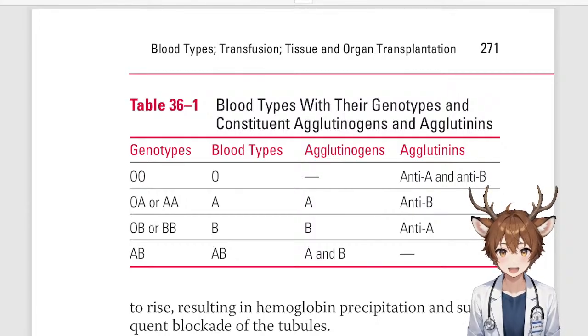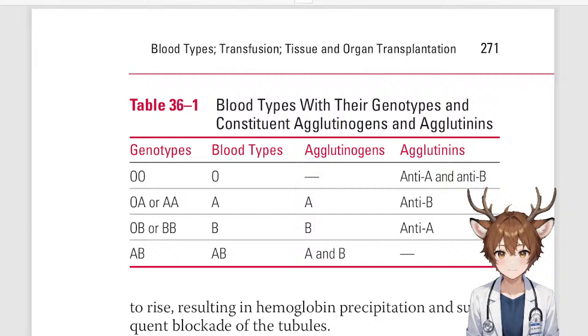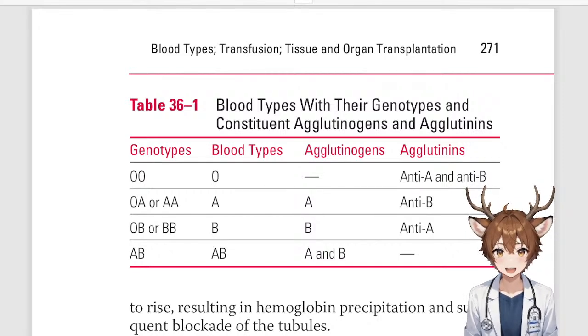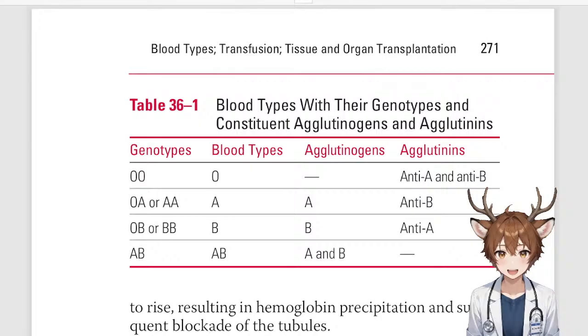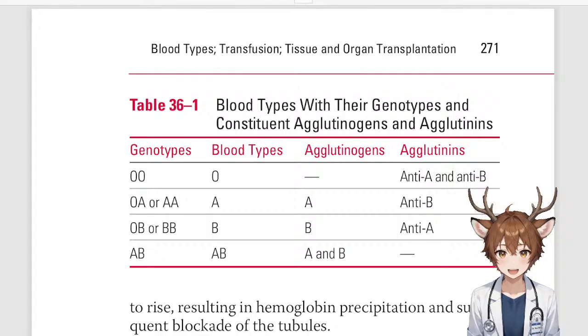And vice versa, if you're OB or BB, you will have B phenotype, your type B blood, therefore you have B agglutinogens, but because you don't have a native A agglutinogen, you will have anti-A agglutinins, right? Because it's a foreign entity to the body. It will react negatively towards that being present in the body. It'll try to lyse the cells, it might cause clumping, that kind of thing.